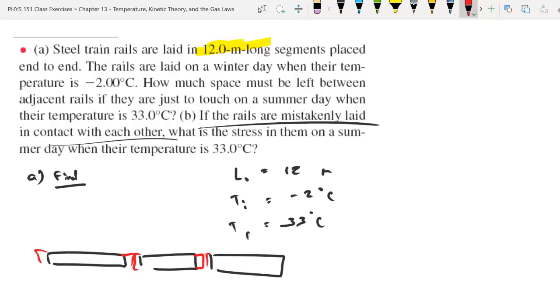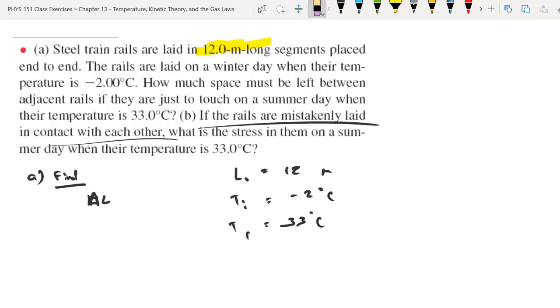We really just need to know the total delta L, and that's how much of a gap we need to leave in between, whatever delta L is. So for A, we're looking for just delta L. And for part B, we're going to find out what the stress is, so force over the area, if there's no gap.